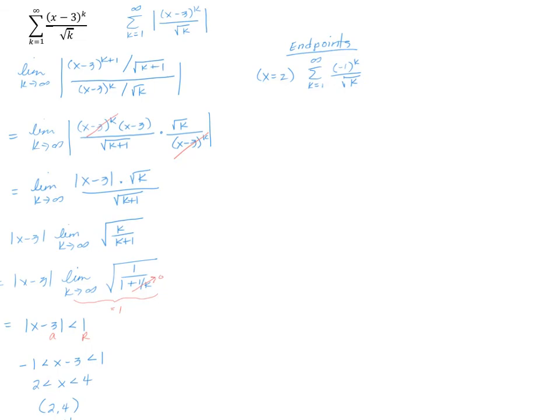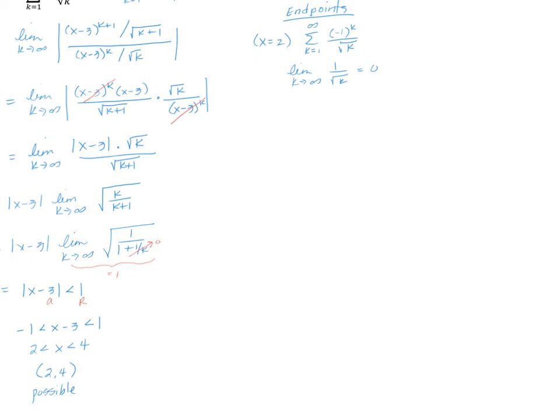So this is an alternating series. If I take the limit as k goes to infinity, remember I'm ignoring the negative 1, so it's just 1 over the square root of k. And this limit is 0.